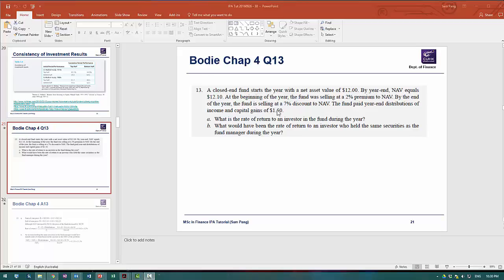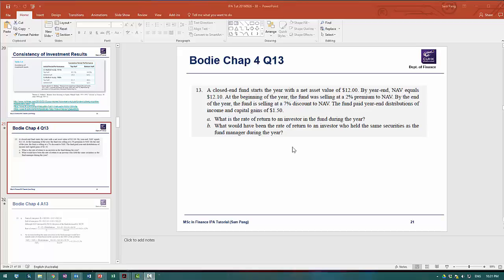The way to interpret this, forget about the premium and the discount for a moment, is as follows. Your assets are truly worth $12 at the beginning, and $12.10 at the end. And what's more, during the year, your assets, which started with a value of $12, have earned you income and capital gains of $1.50.